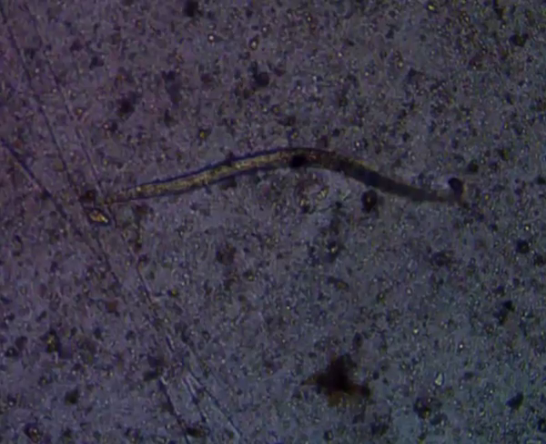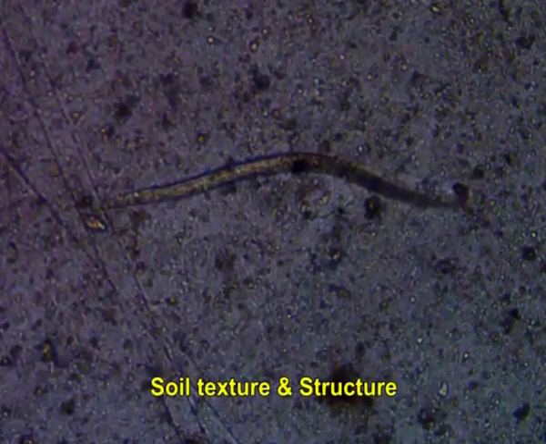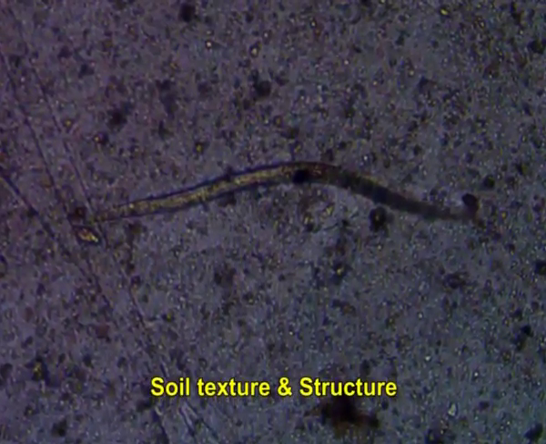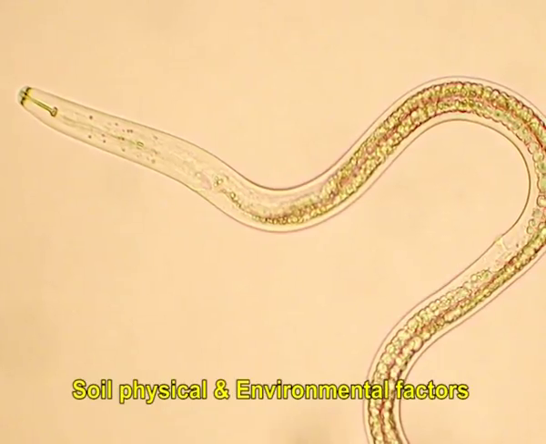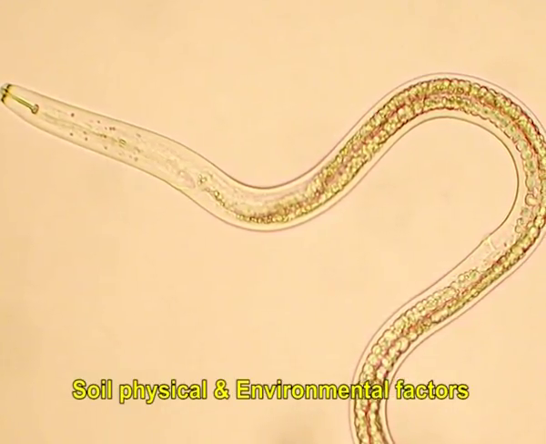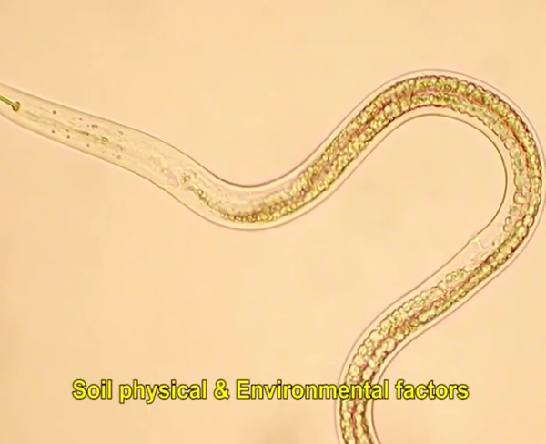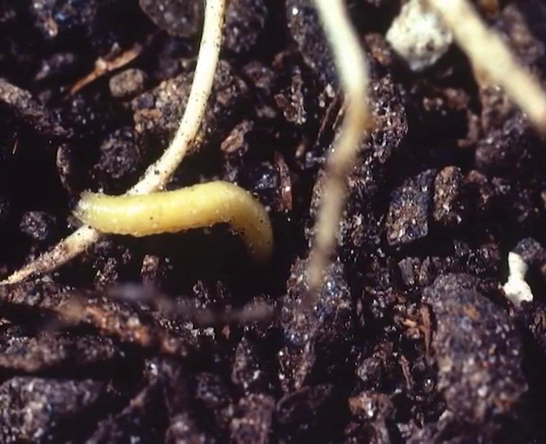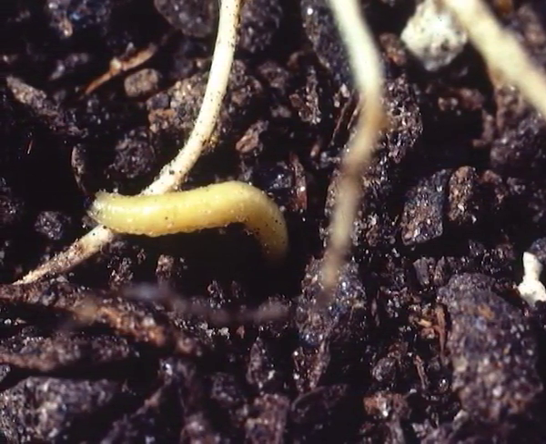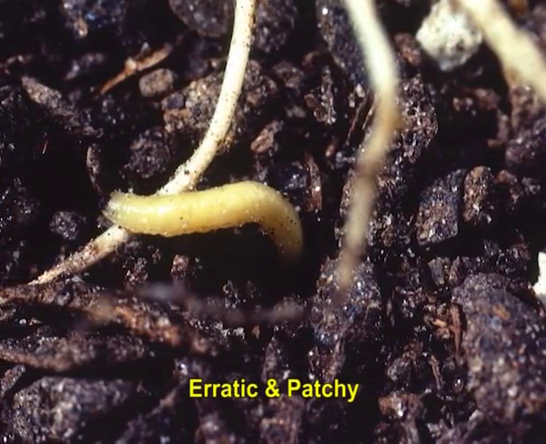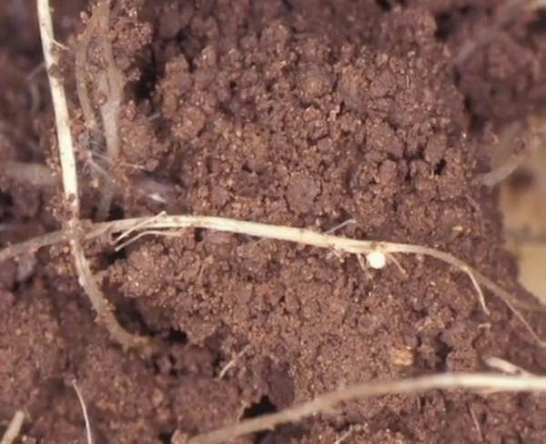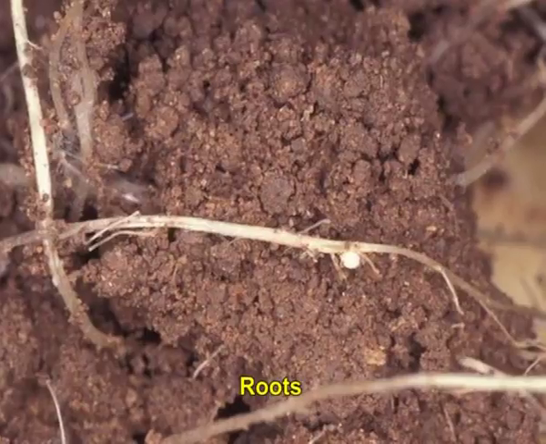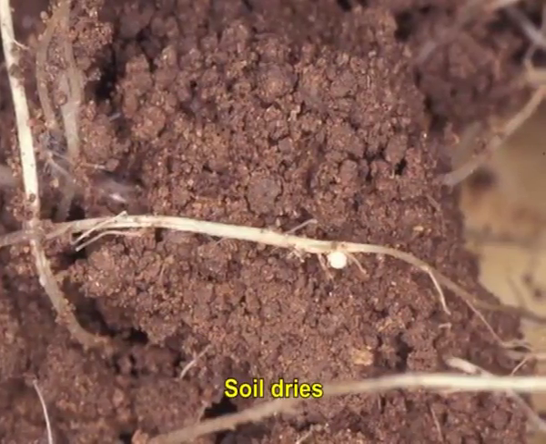Nematode movement is directly affected by soil texture and soil structure through their effects on pore size. Soil physical and environmental factors and nematodes together are involved in several important relationships. Owing to the complex nature of soil, field distribution of nematodes is normally erratic and patchy. Nematodes are usually clustered, particularly among roots, and tend to migrate downwards as soil dries.